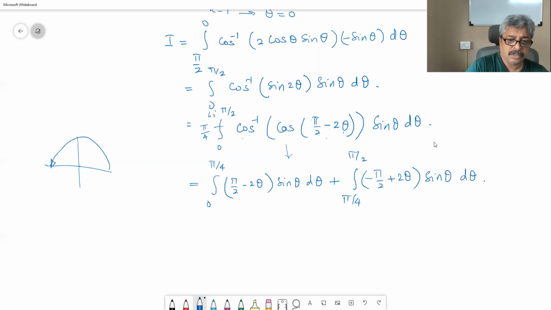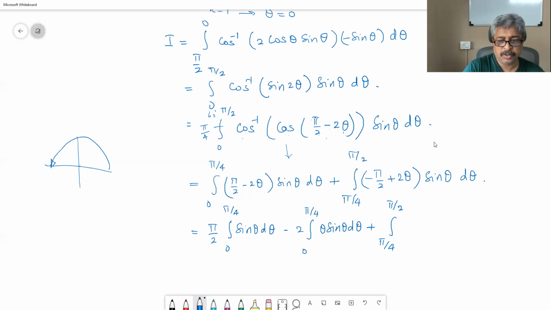And now we are under control, and pi by 2 will come out from the first integral: pi by 2 integral 0 to pi by 4 sin theta d theta, that is first, minus 2 integral 0 to pi by 4 theta sin theta, plus integral pi by 4 to pi by 2, minus pi by 2 comes out common, sin theta d theta, and then plus 2 comes out common, integral pi by 4 to pi by 2 theta sin theta d theta.